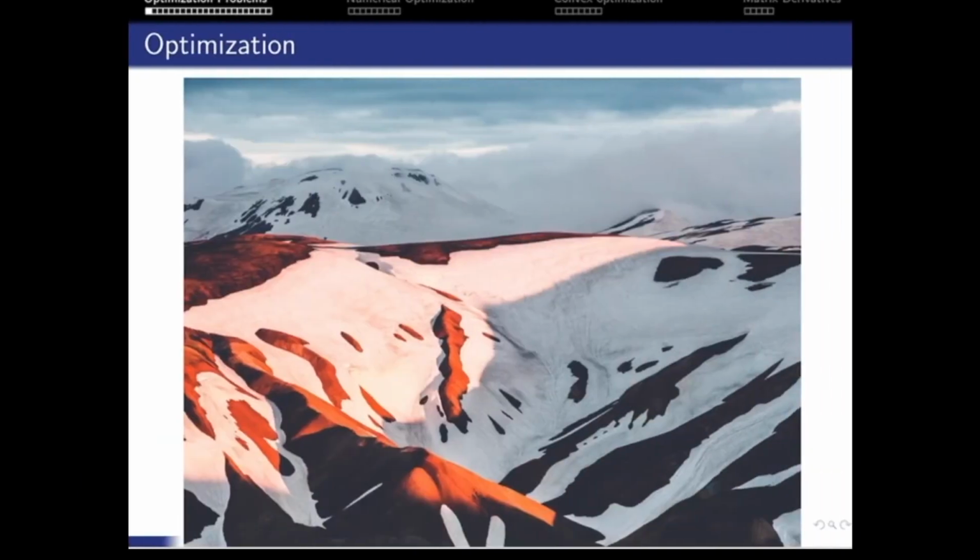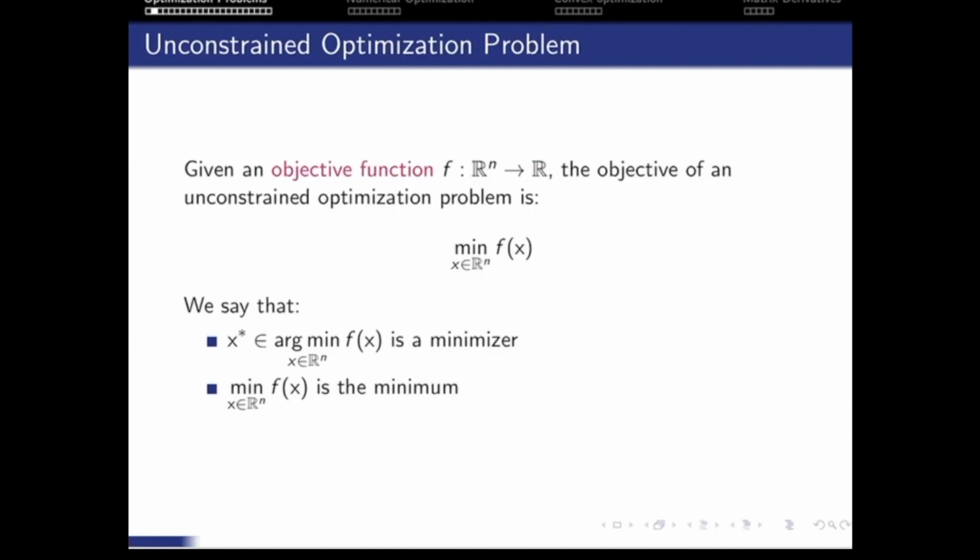So I have here this very generic picture of a mountain. You can imagine this like the landscape of your function, and you want to find the valley, basically. You are somewhere on the mountain and you just want to go down. That is mostly the objective of optimization. The first optimization problem we discuss is the unconstrained optimization problem.